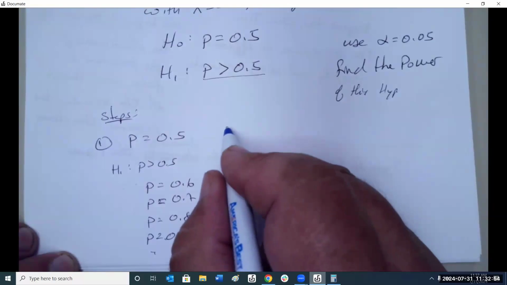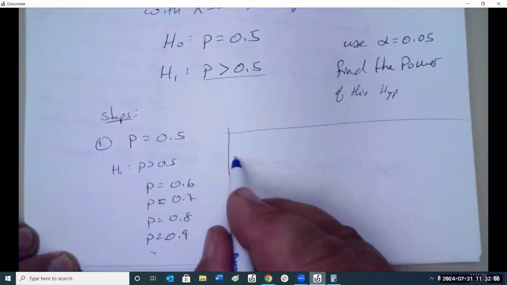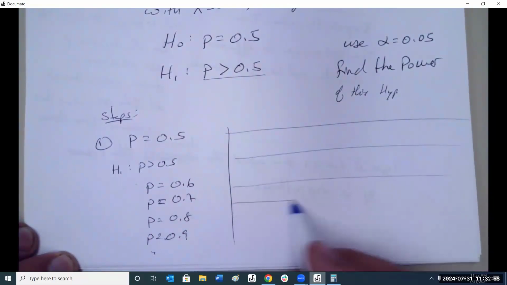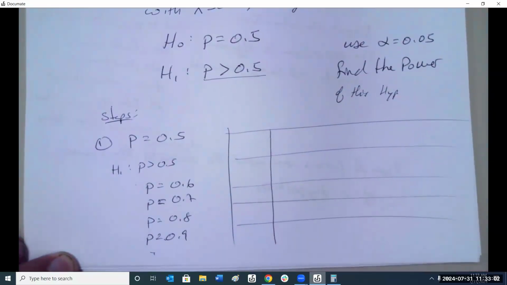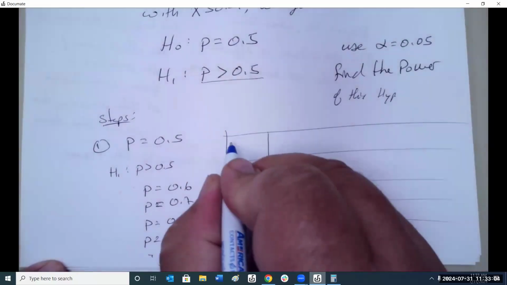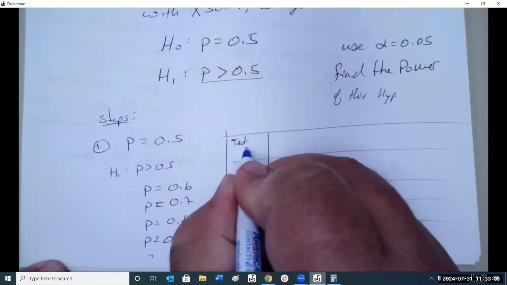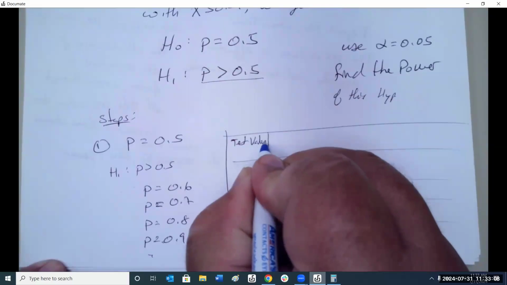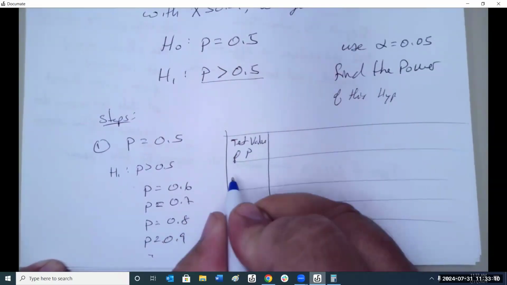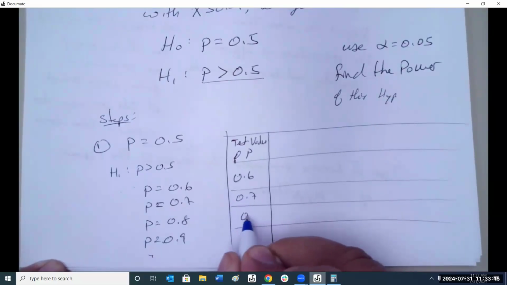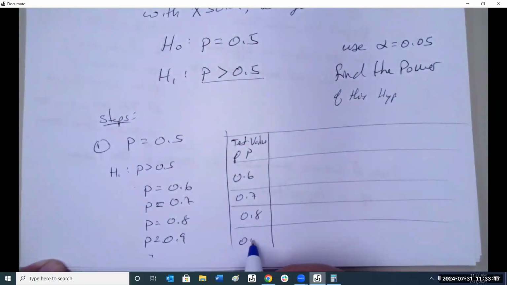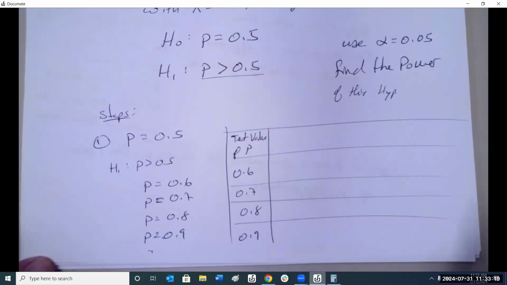So what do we do here? Here are our test values of P. So we have 0.6, 0.7, 0.8, 0.9.